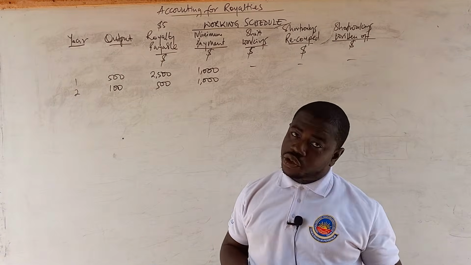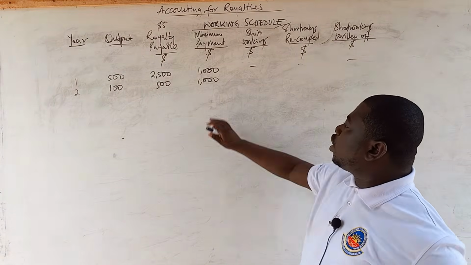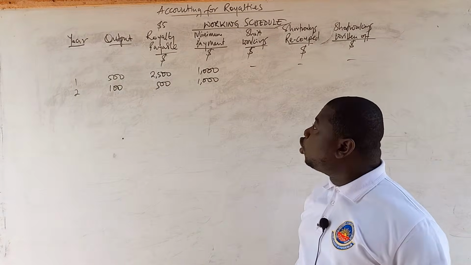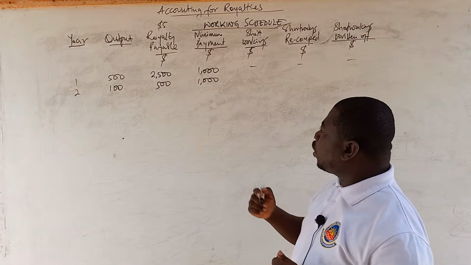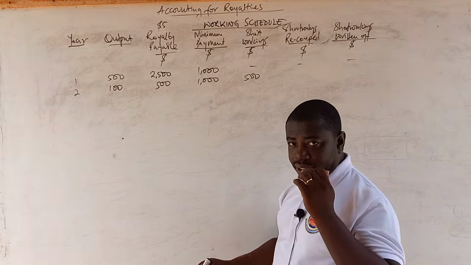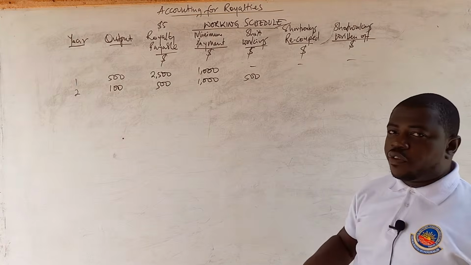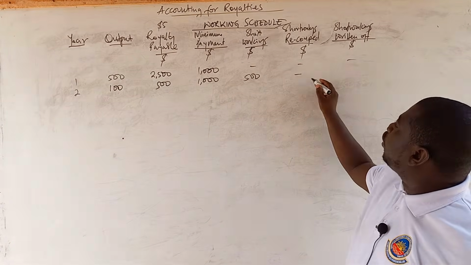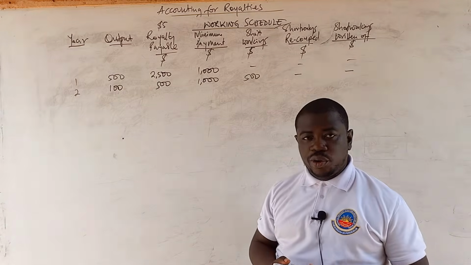The minimum payment does not change, please take note. Now, your royalty payable is below the minimum payment, and therefore there is short workings. The difference of 500 will be called short workings. Short workings cannot be recovered in the same year that it is incurred, and so there will be no recovery, and in the same way there will be no write-off.